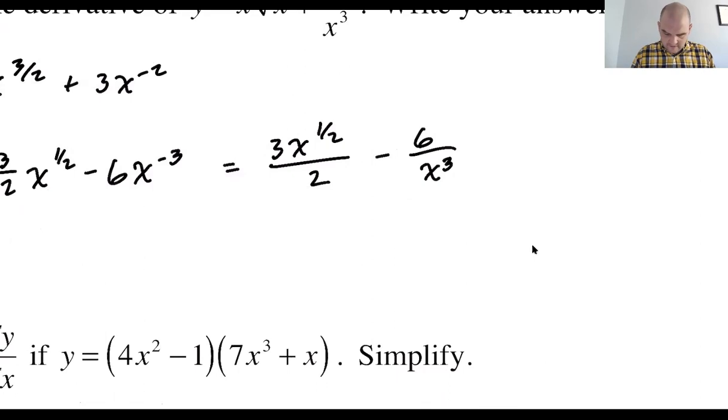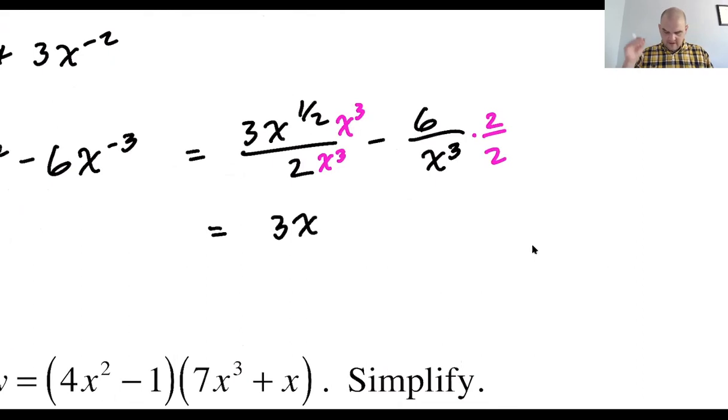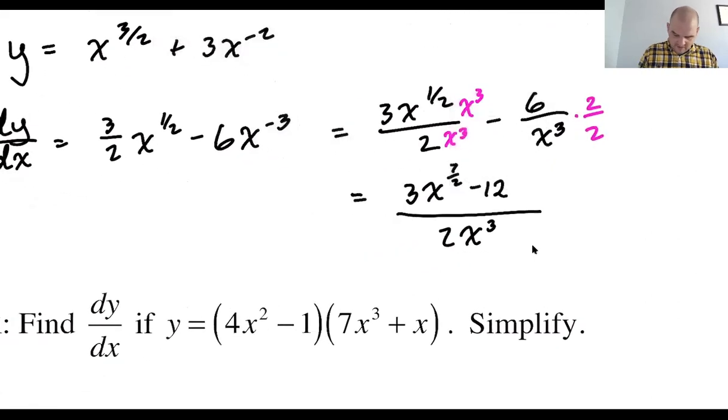So here, I need an x cubed over x cubed, and here I need a 2 over 2. So I'm going to end up with 3x to the 6/2 and 1/2 is 7/2, minus 12, all over 2x cubed. So I think that is dy dx.